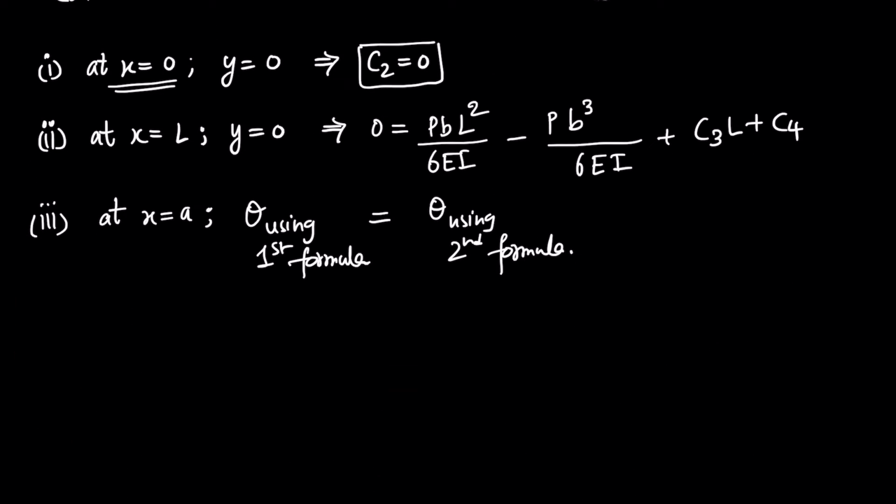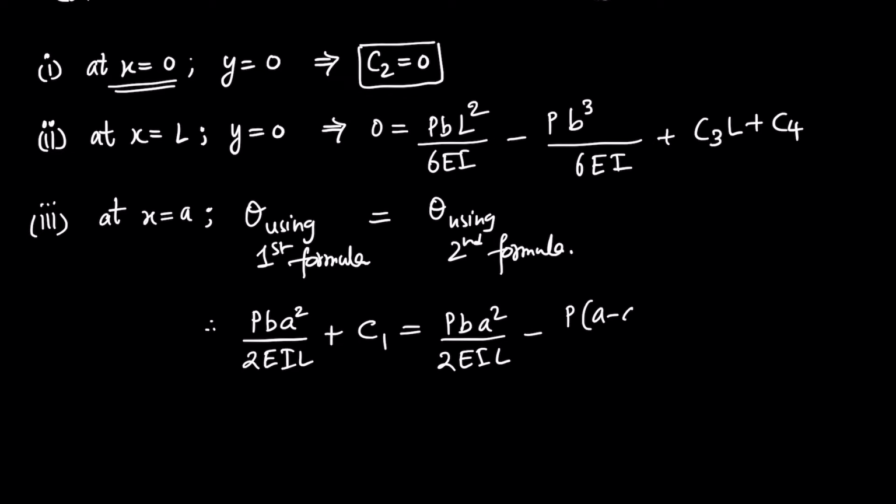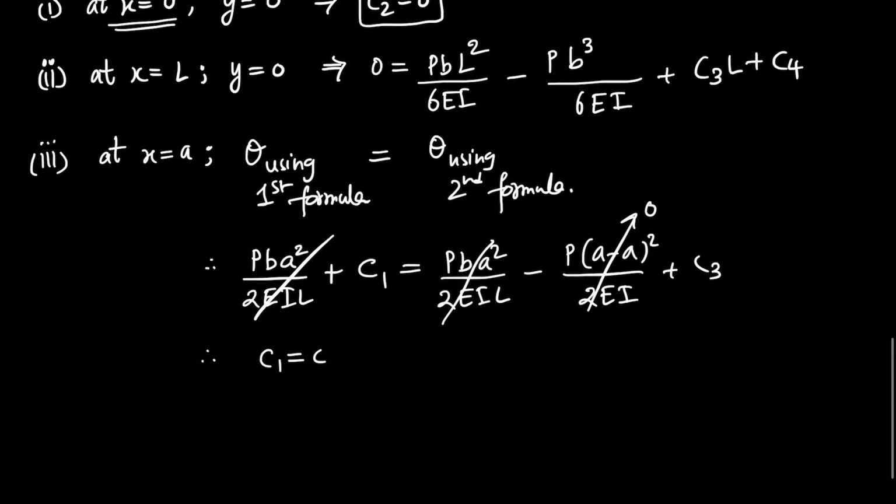Therefore I can say Pba²/2EIL plus C1 is equal to Pba²/2EIL minus P(a − a)²/2EI plus C3. Now this term is 0, these two terms get cancelled out, so therefore I can say C1 is equal to C3.